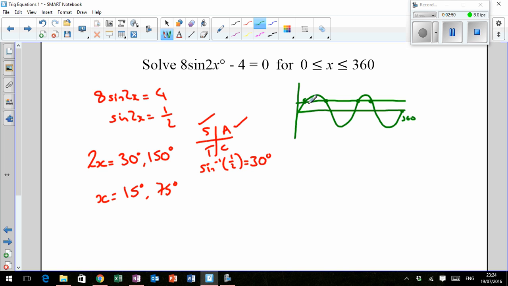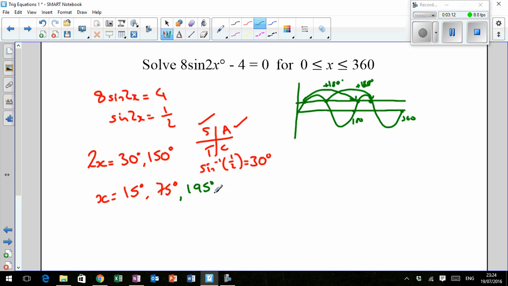Now we also know that a sine 2x wave has a period of 180. It starts repeating after 180, and every point on that is repeated 180 degrees later. So our next 2 solutions are going to be 180 degrees later, because that's our period, than 15 and 75. So add it on to 15, 195.